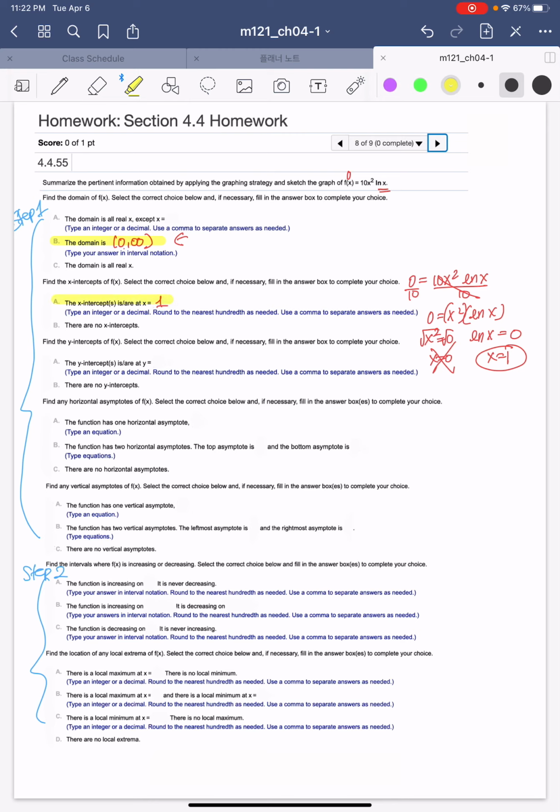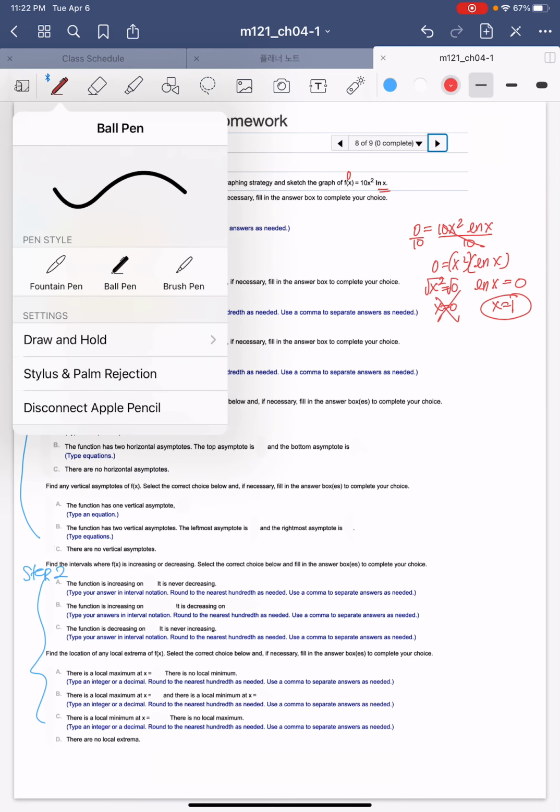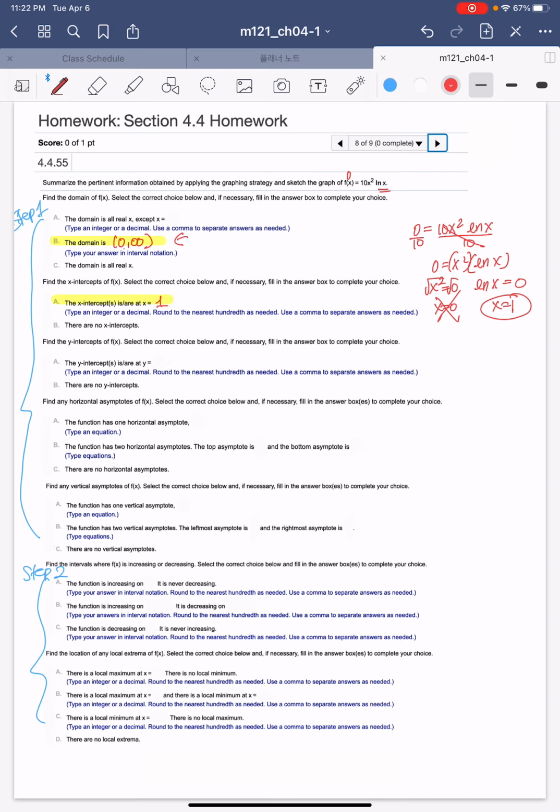Y-intercept will be the opposite. So let me move this one over here. Y-intercept will be when x equals 0, so I'm going to plug it in. For y-intercept, we let x equal 0. So 10 times 0 squared times ln 0. Actually, you can see that this ln 0 is an issue.